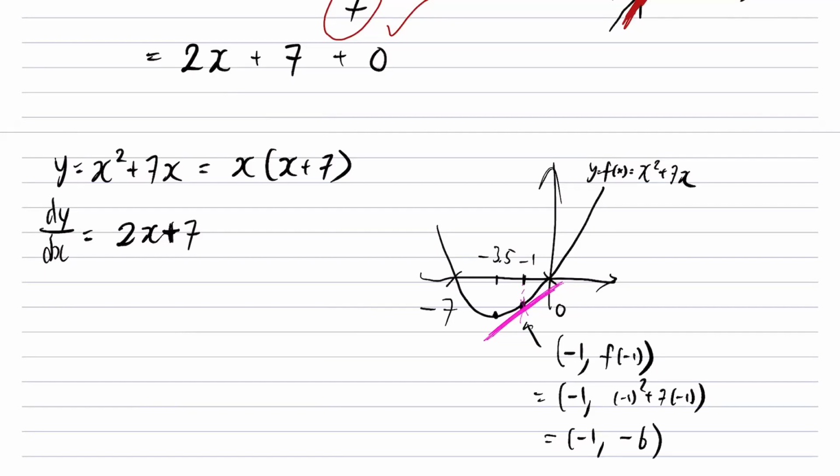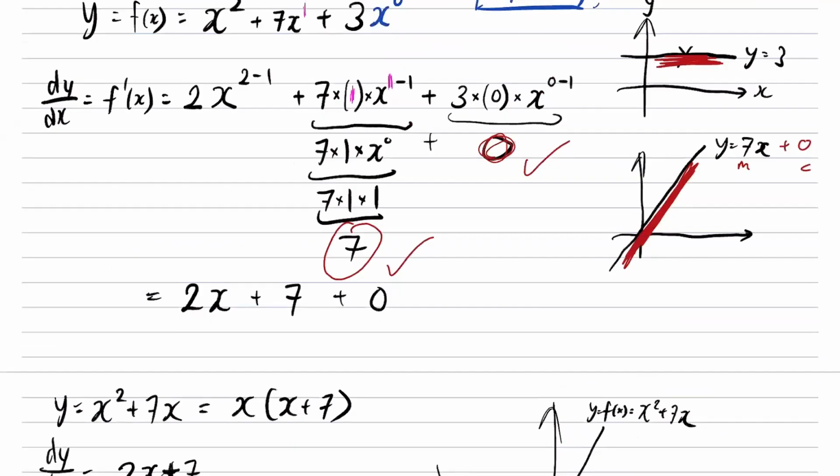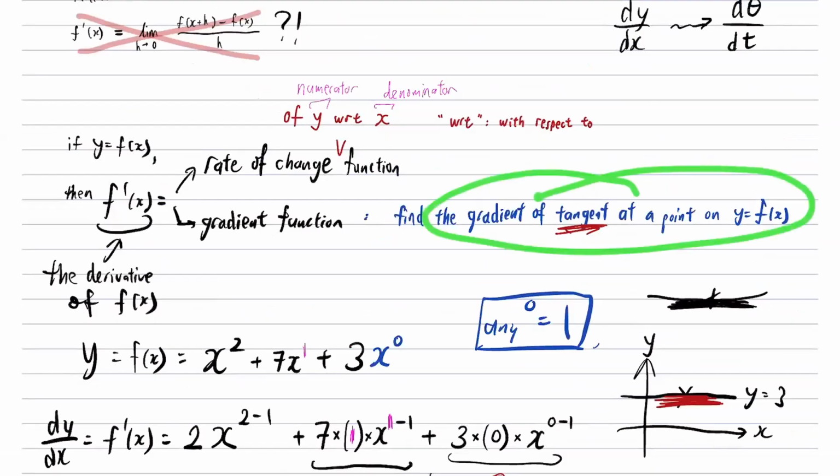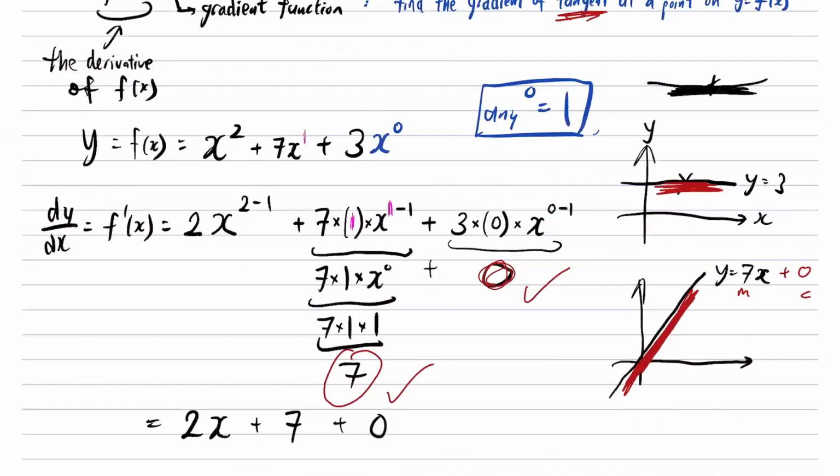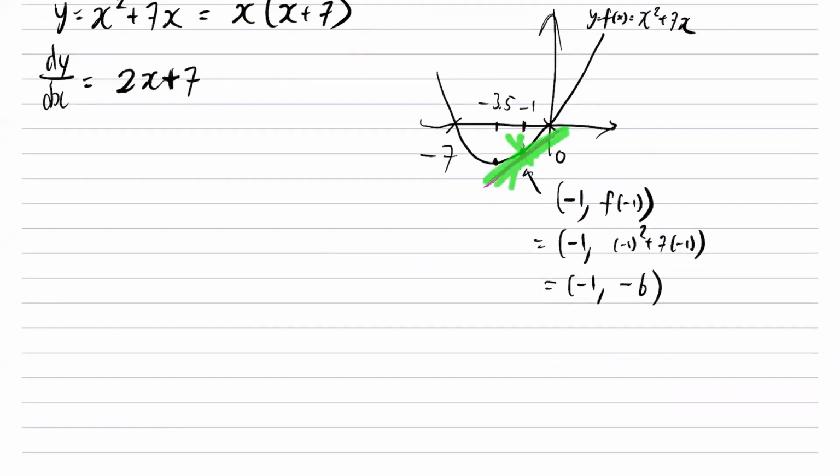So my question is, how do you find the gradient of a tangent at this particular point on the curve? The point being P(-1, -6).